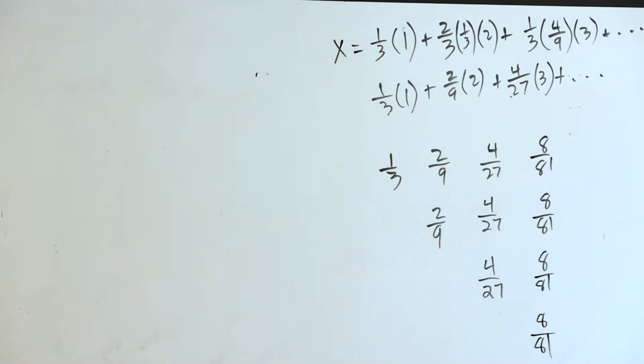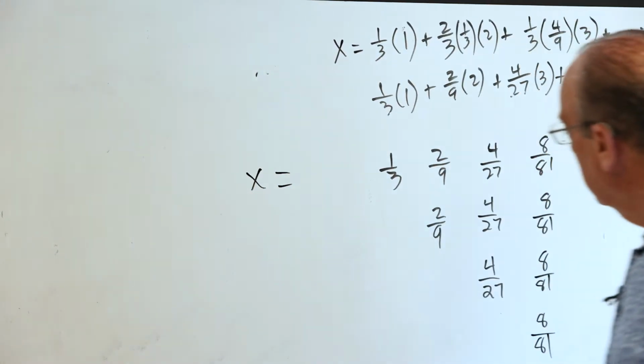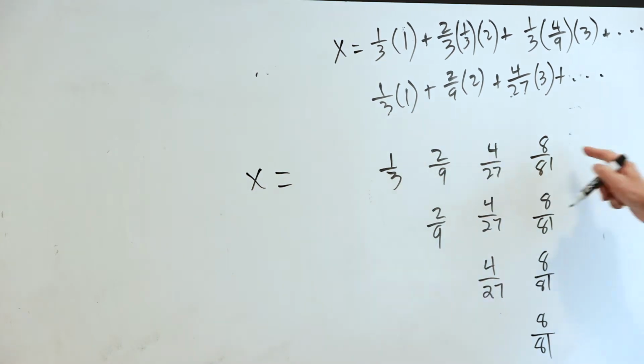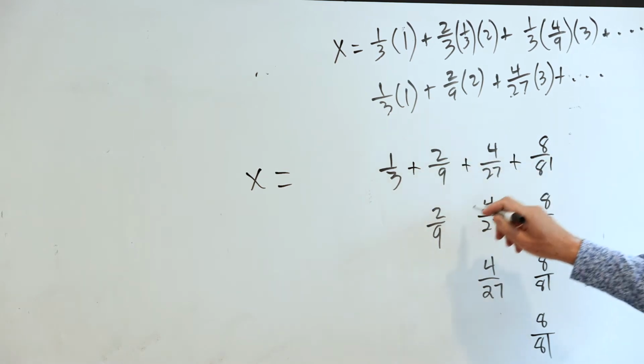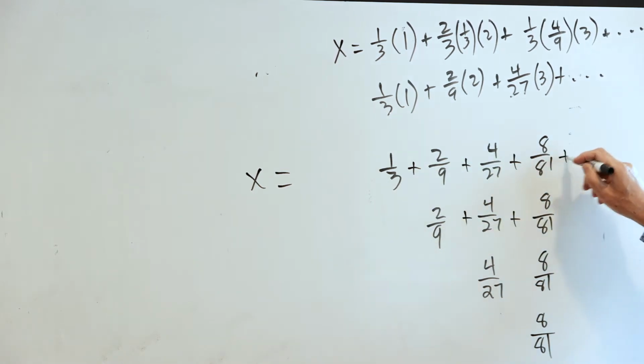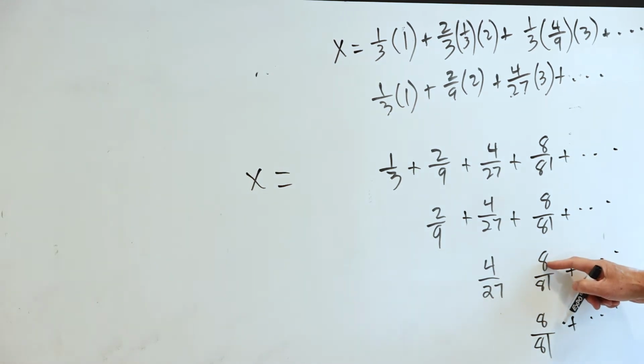So the expected value is going to be the sum of all this. These are all plus signs, and they all go off to infinity. And each time I'm taking a term and timesing it by 2/3.